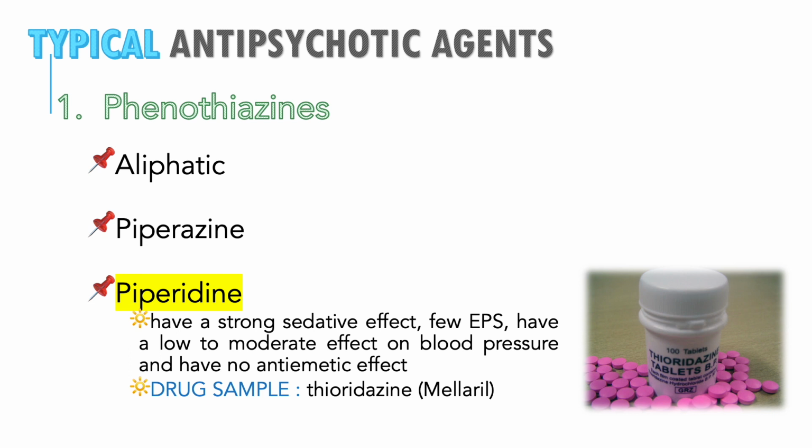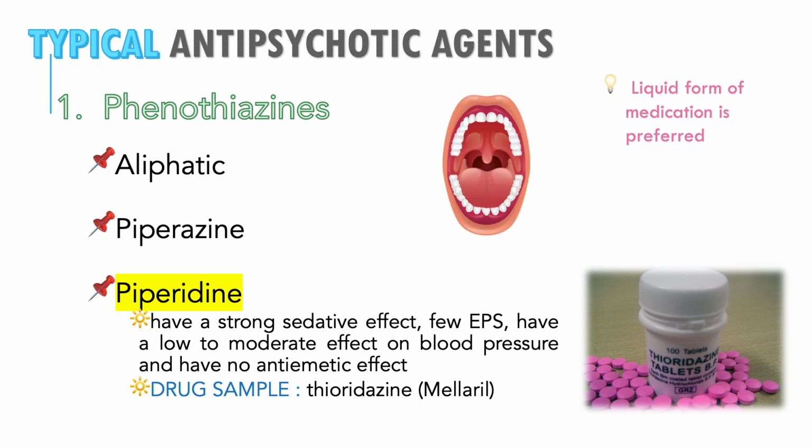Most antipsychotics can be given orally in the form of tablet or liquid. They can also be given intramuscularly or intravenously. For oral use, the liquid form might be preferred because some patients may hide tablets in their cheek or under their tongue to avoid taking them. Mouth checks are necessary for non-compliant patients.